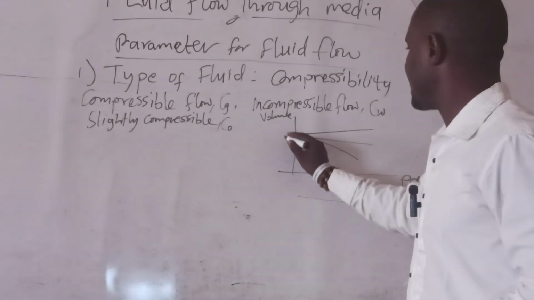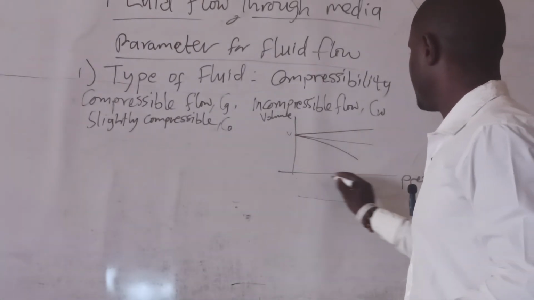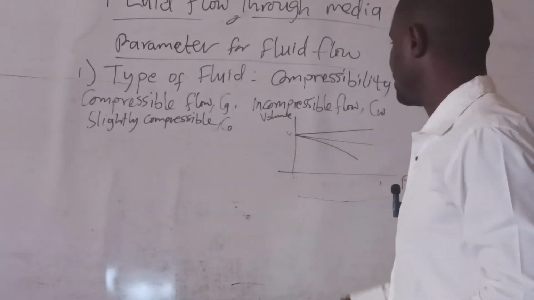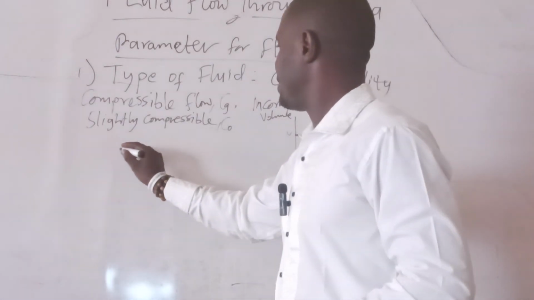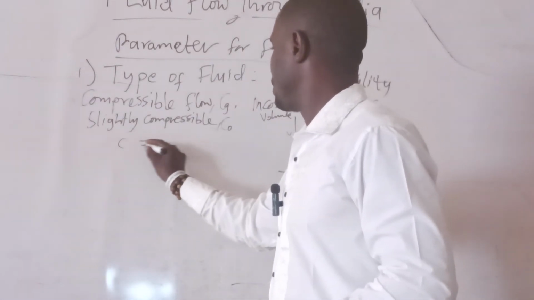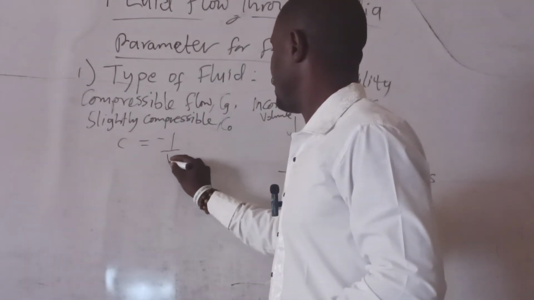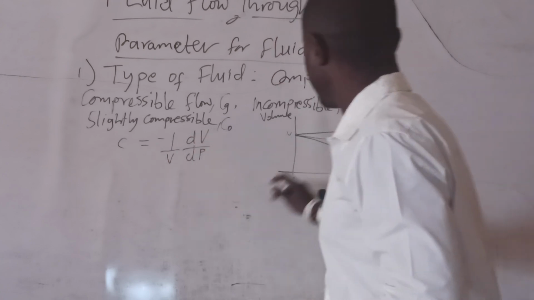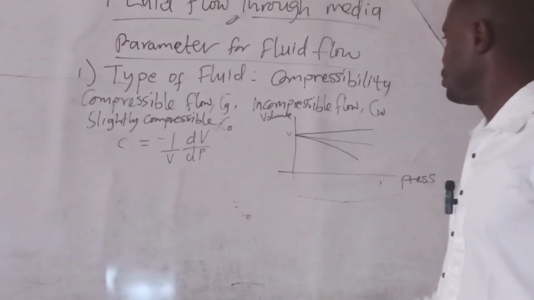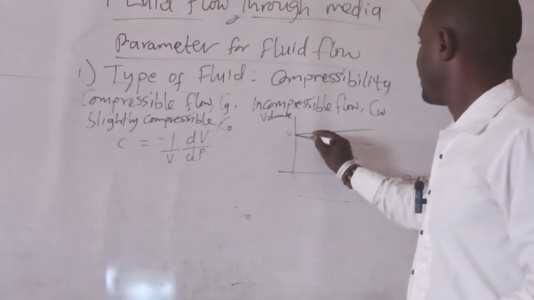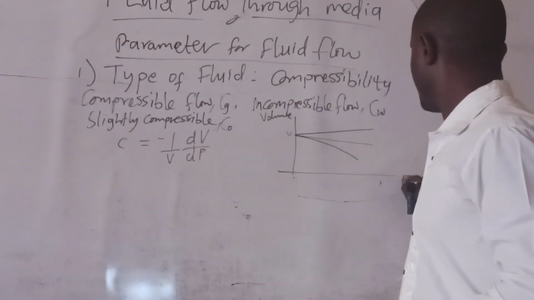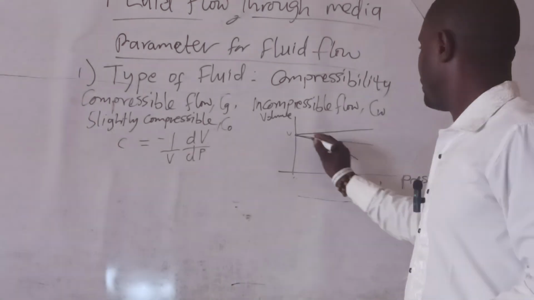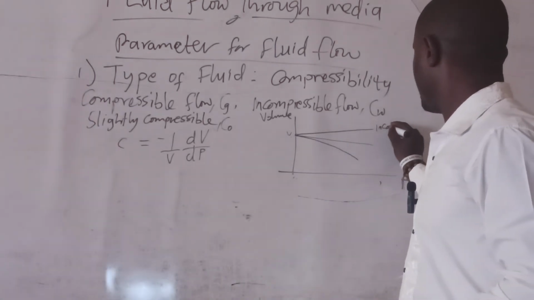What this implies is that with any pressure change, where we have compressibility equals to -1/V dV/dP, at any volume, we'll have pressure being the same for incompressible fluids.